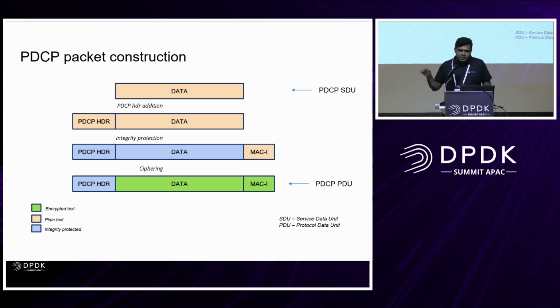What you see at the bottom is known as the PDCP PDU, the protocol data unit. This is a complete PDCP packet that gets submitted to the layer below, and it will be received at the receiving entity. At the receiving side, the exact reverse happens, for the decryption and decapsulation.